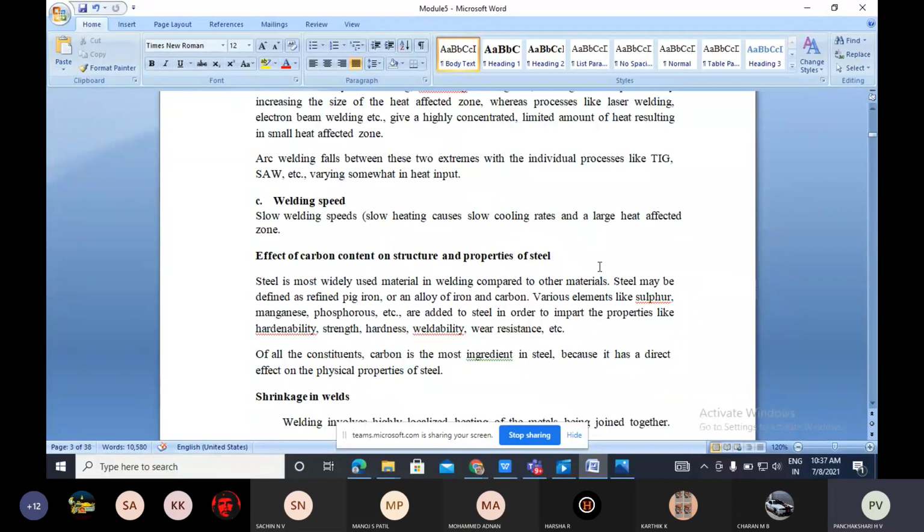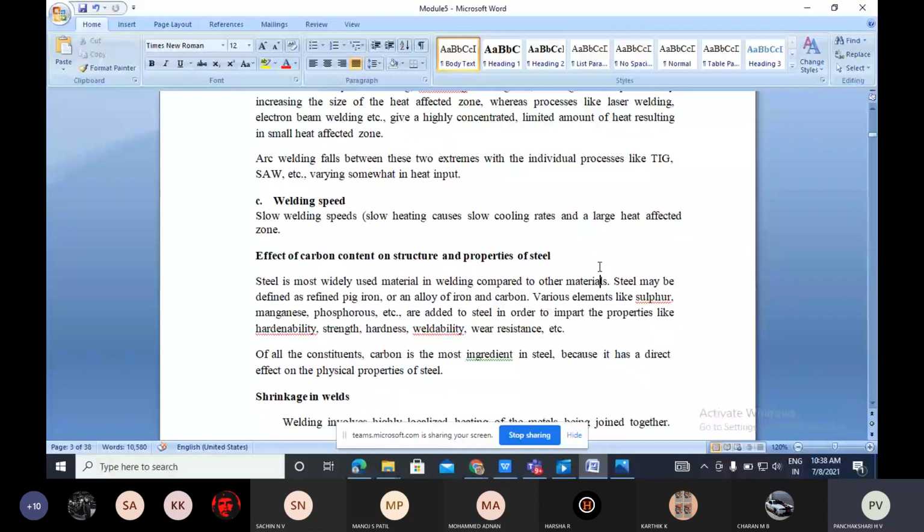So like that, depending upon the carbon, the steels are graded as low carbon steel, medium carbon steel and high carbon steel. Low carbon steels are softer, medium carbon steels have higher strength, higher hardness, high carbon steels have still higher hardness. So therefore, based on that, how exactly steel properties depend upon the carbon.